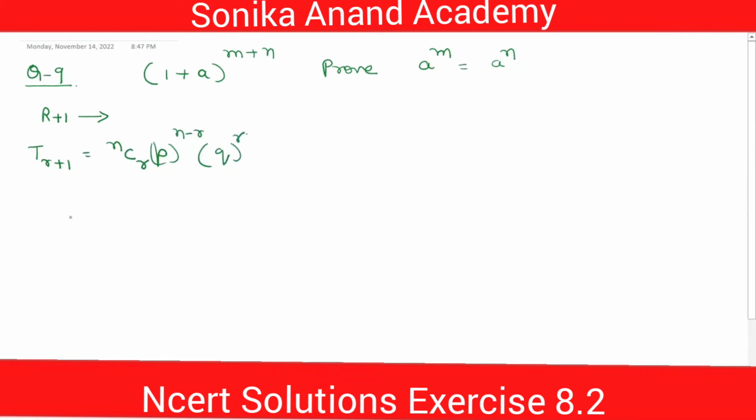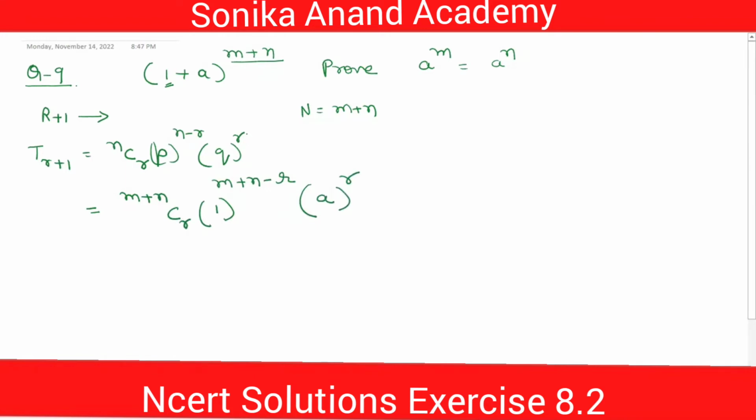So when I substitute, the value of n is m plus n. So m+nCr, here I write 1^(m+n-r). For q we have a^r.